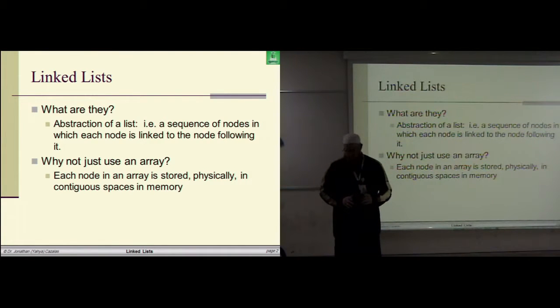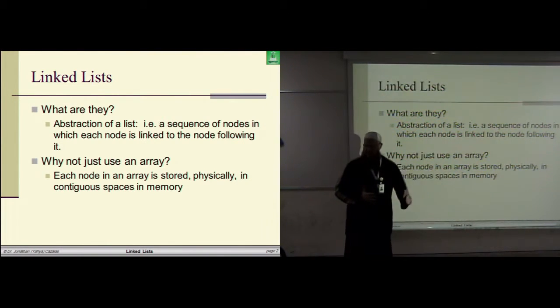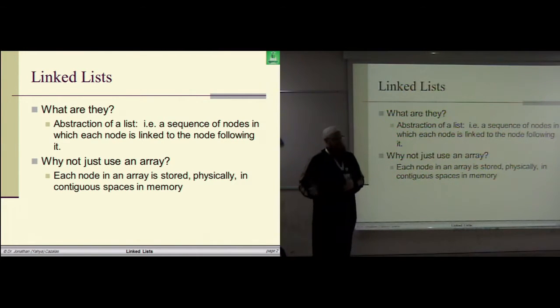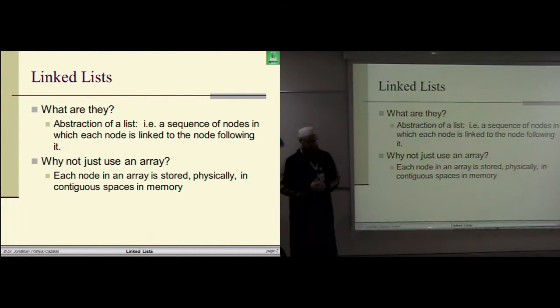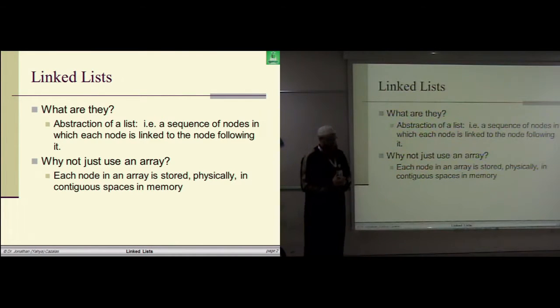How? Because we know the beginning address of the array, and then we can calculate how many bytes down, which index, say index 10, so 10 times the number of bytes, and we can calculate immediately, it's called direct access, the location of any cell in the array. We mentioned it in detail last time.